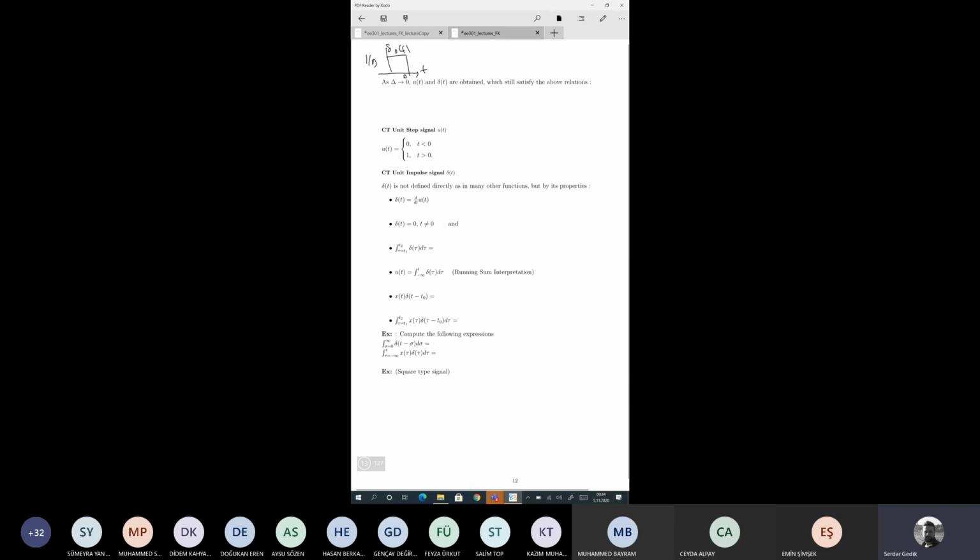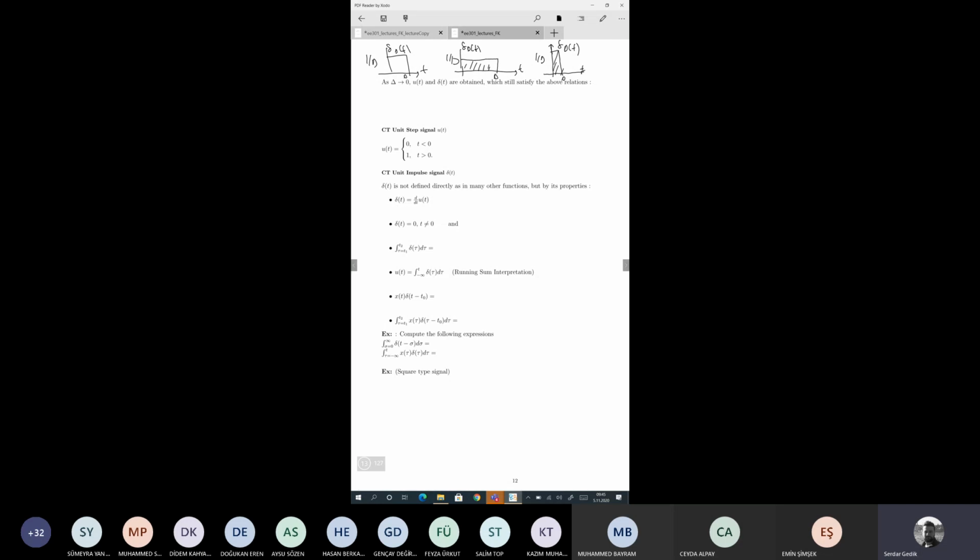If I increase delta, what's happening? Now I have a flat shape, but the area is again 1, right? If I decrease delta, now I have a steep shape, but the area is again 1, right? Shaded area is 1 in all those cases.